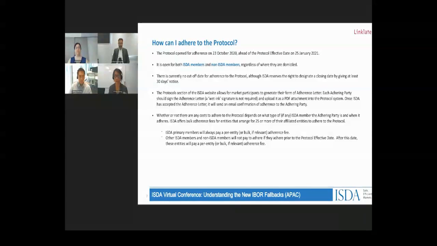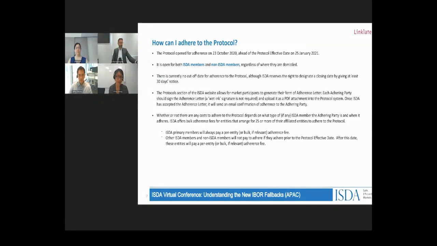Of course, when you go to the protocol section of the ISDA website, it doesn't allow you to amend your adherence letter. It's a simple letter that you would generate, and you can't amend it. And other panelists later on today will talk about how you generate bilateral amendments to your documents.